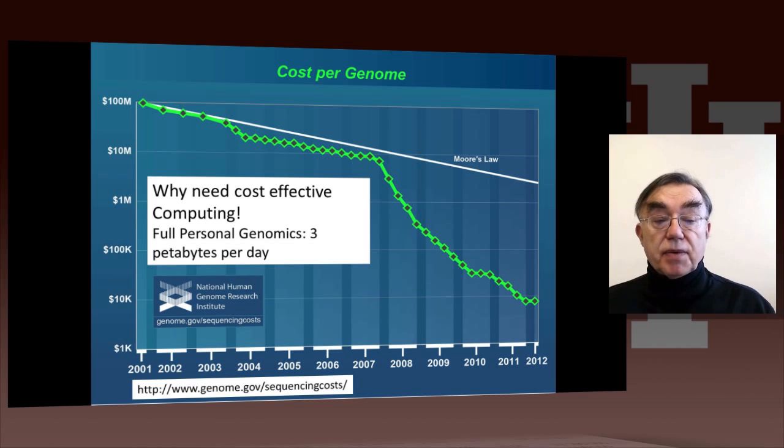Here's a number which you can estimate. If you had a world where everybody had their genome sequenced, say, every 2 years, which some people might think is a possible world of the future where individual genomes are used for personalized medicine in new approaches to health, that will get you 3 petabytes of data per day.